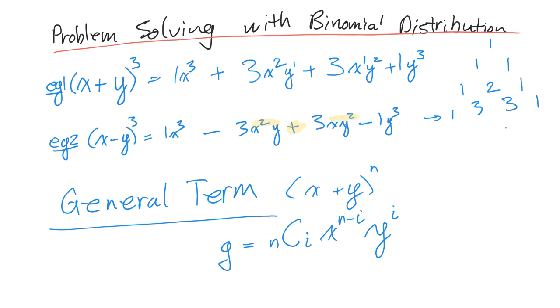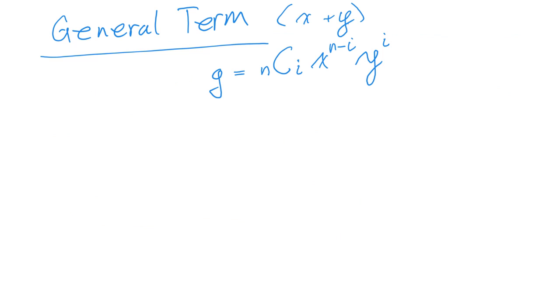So here's a type of problem that I would like you to be able to do today. Right now we're saying the general term for any specific term in our expansion is going to be given by this equation: the combination of n choose i times x to the n minus i, y to the i.